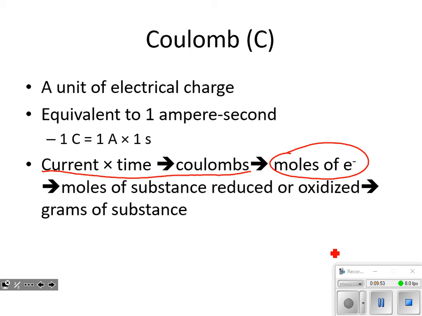Zinc yields zinc two plus and 2 electrons. Well, for every 2 electrons, there's 1 zinc. So we can do stoichiometry within just an oxidation or just a reduction equation in order to go from electrons to moles of whatever we want to talk about. And then it's pretty easy to convert to grams. If you have the moles of a substance, you just use your periodic table.